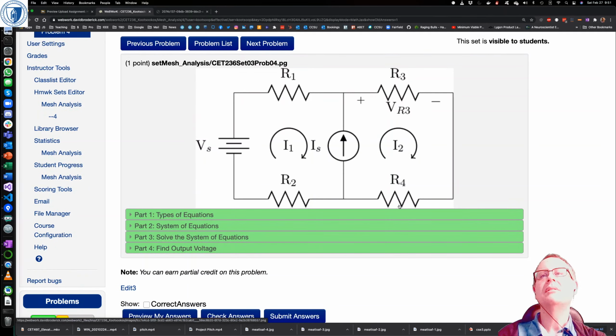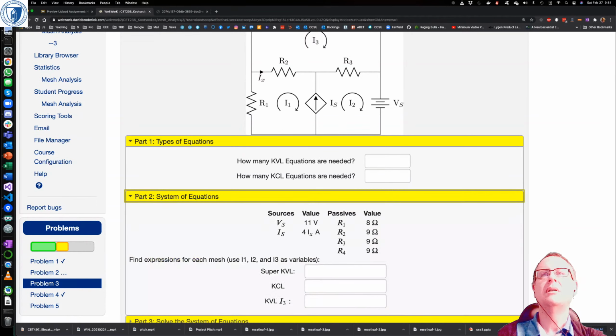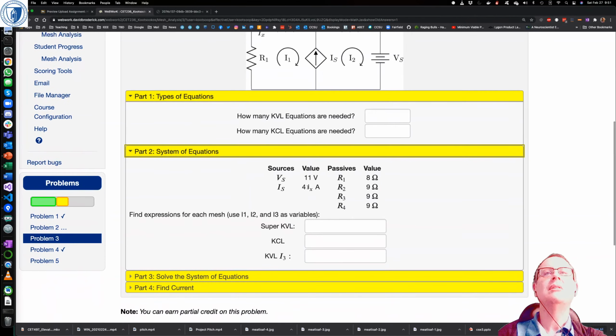And here's another super mesh problem. This one's probably a little easier because the current source is no longer dependent, right? So it doesn't depend on anything. Let's just go back to the previous one and see what Is depends on. Right, there it is.